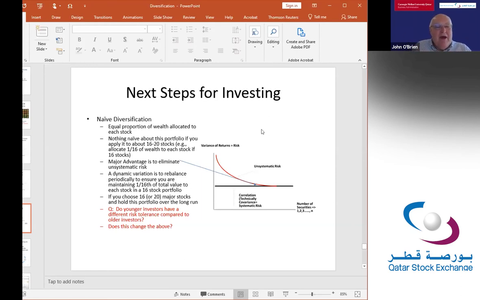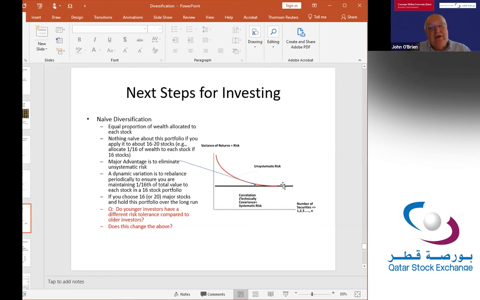But a good starting point, especially for long-term money accumulation, is naive diversification, because what that guarantees you, especially if you form it with about 16 to 20 stocks, is that you're eliminating unsystematic risk.